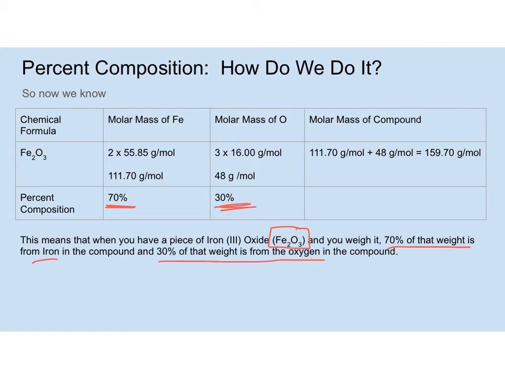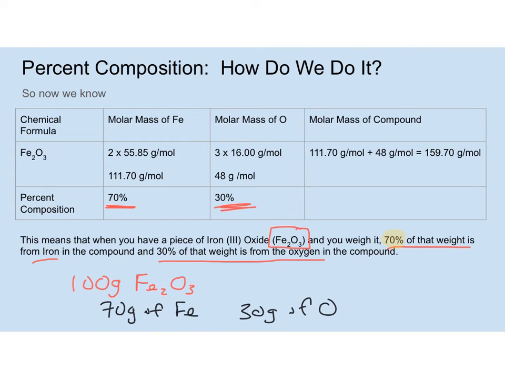To give you a simple case, if I had 100 grams of iron 3 oxide, remember the crisscross rule, then because of these percentages, I would have 70 grams of iron and 30 grams of oxygen.